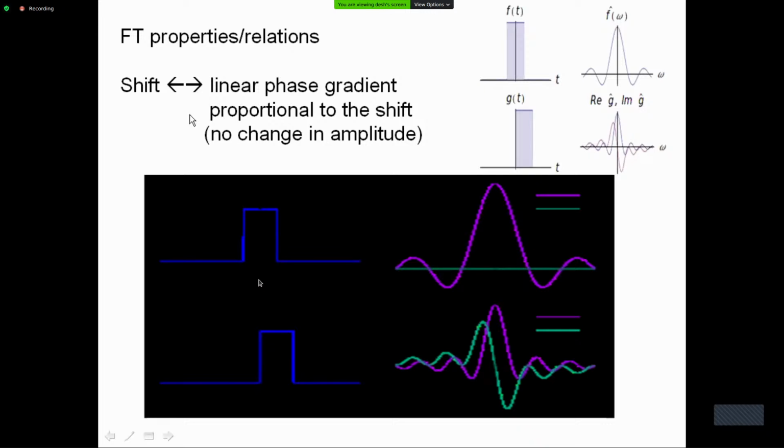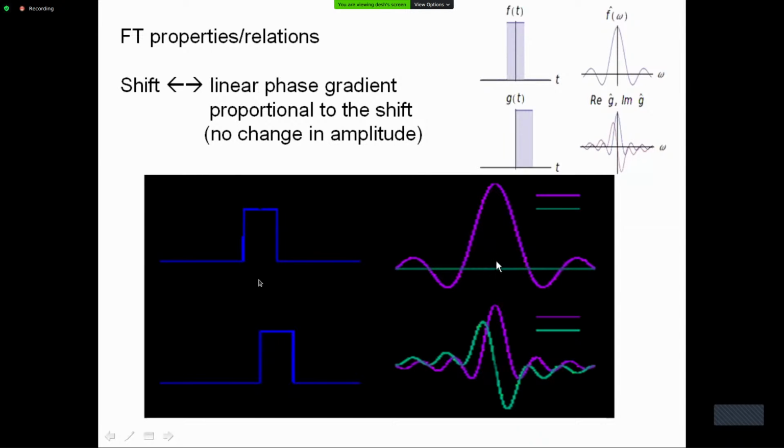For example, the shift theorem. You will find if a nice rectangular box centered at 0 is to be viewed and its Fourier transform, you will find that is a nice sinc function. Whereas if the box was shifted from the origin, you will find that due to the shift theorem, you can apply this function times the linear phase gradient.